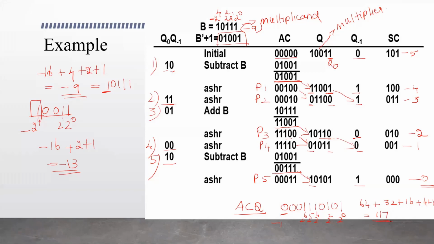Correct? This is plus 117. When you multiply minus 13 and minus 9, you get 117.